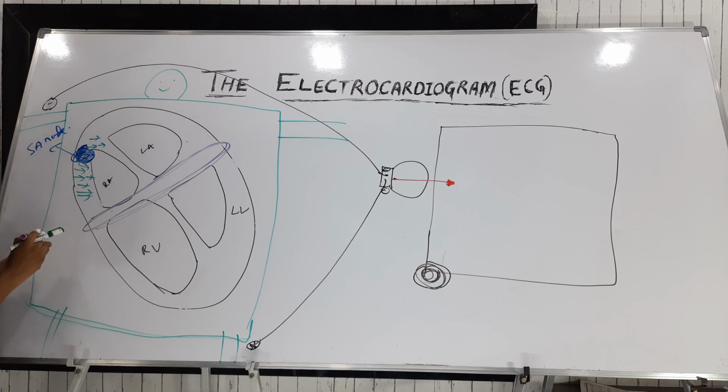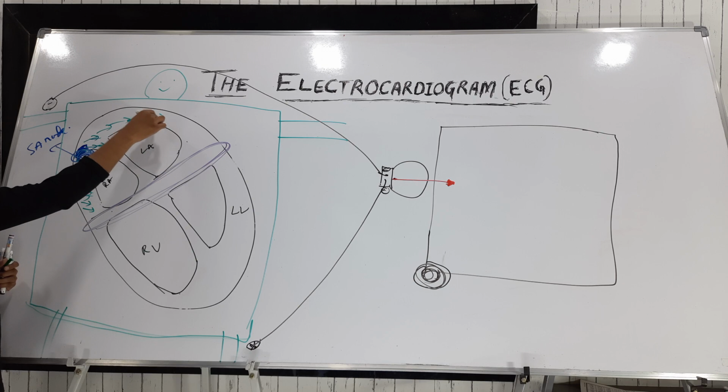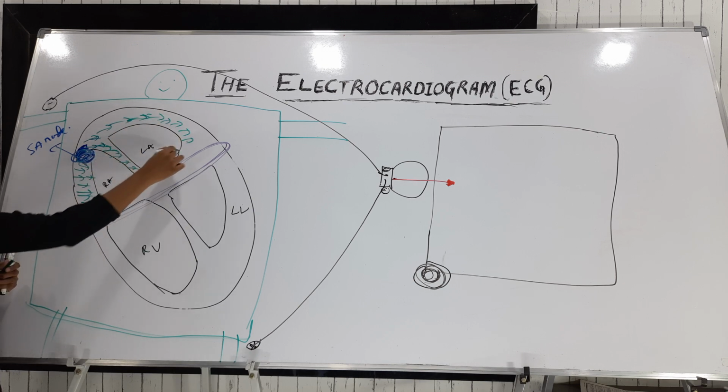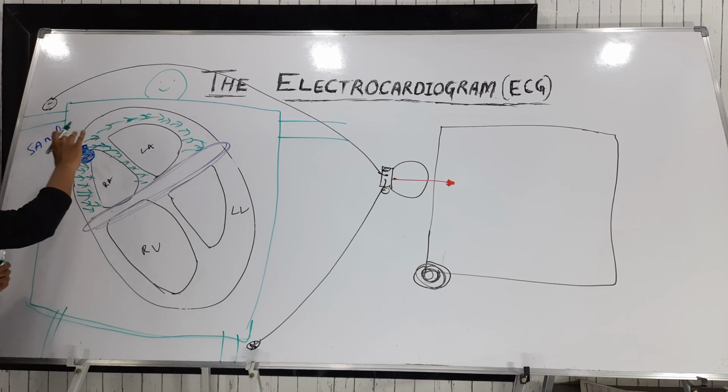The SA node is stimulated and it causes depolarization of the atrial muscle cells. Depolarization means positive current, and the current will move downward and towards the left, which is the direction of the current.